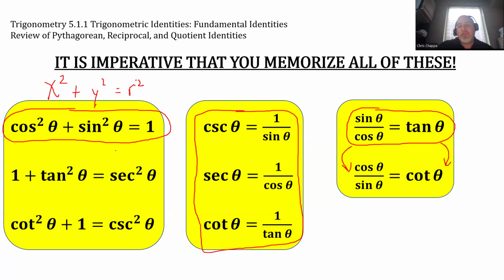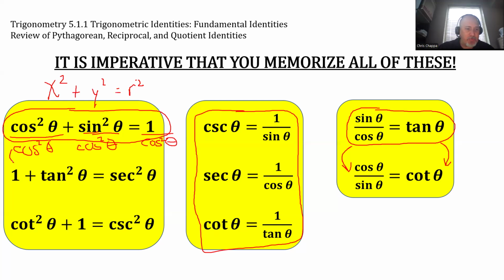But to derive the other Pythagorean identities from cosine squared plus sine squared equals 1, we can just divide by various trig functions. For example, if we divide both sides of cosine squared theta plus sine squared theta equals 1 by cosine squared theta, what happens?